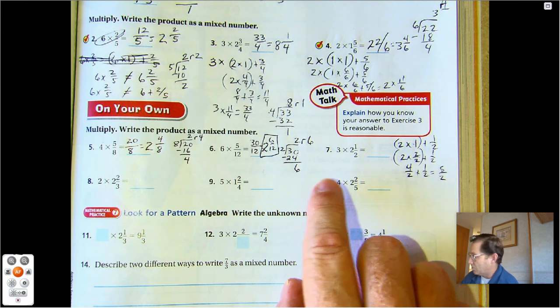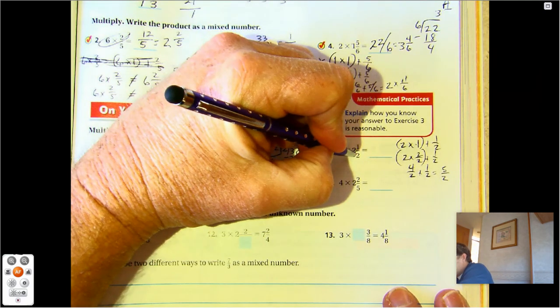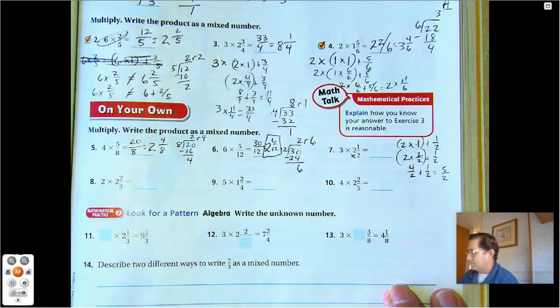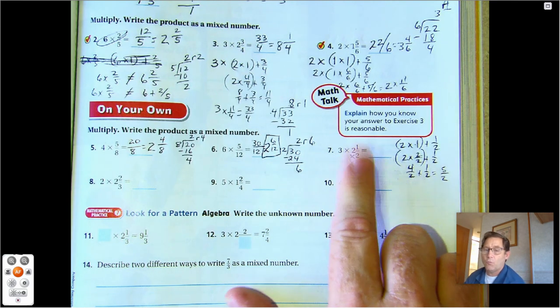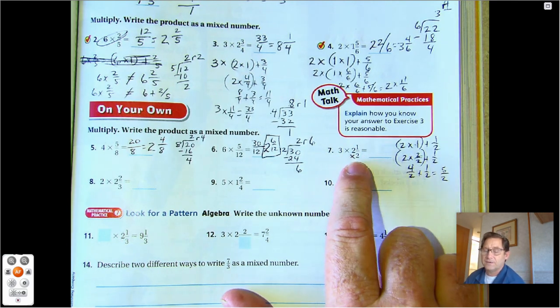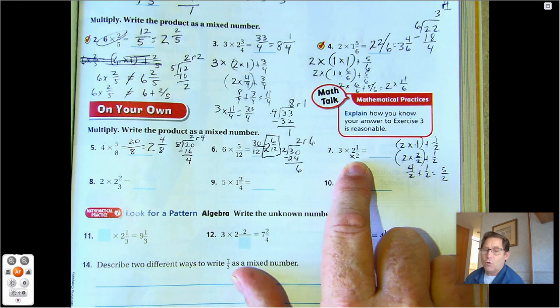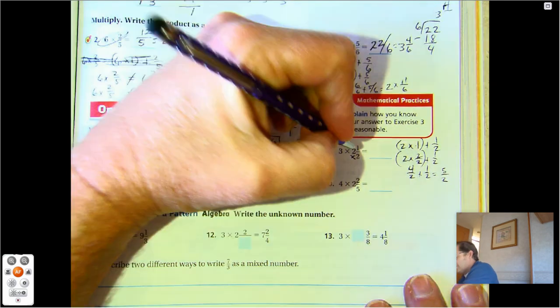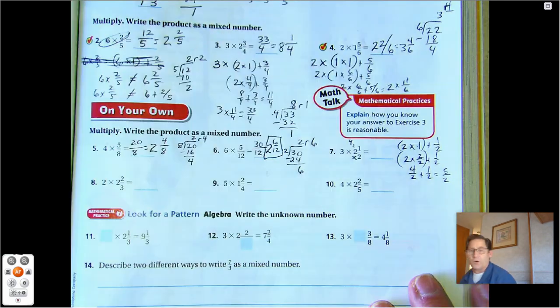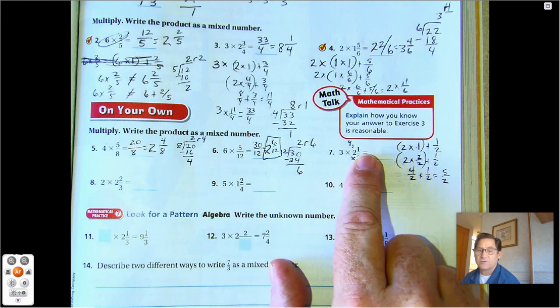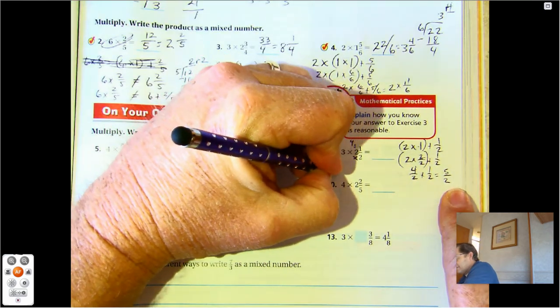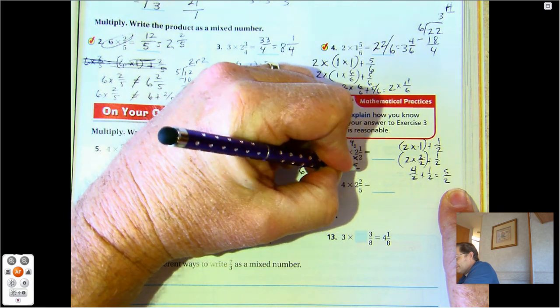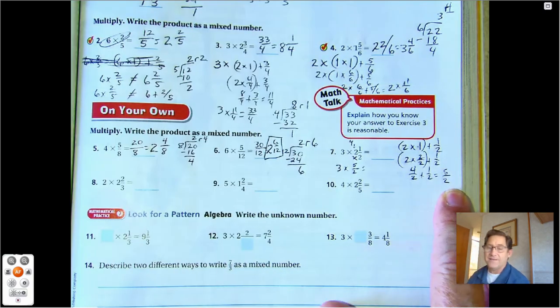Okay, so we can do this. 2 times 2, because we know that there are 2/2 in every whole. So 2 times 2 would give me 4 parts plus what's left over, 5. So it's the same method.